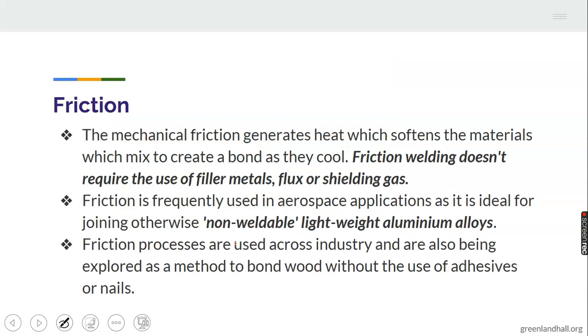Now we have the friction welding process. We remember we talked about the friction welding process. It is the process used for welding mostly wood. The mechanical friction generates heat which softens the materials, which mix to create a bond as they cool. Friction welding does not require the use of filler metals, flux, or shielding gas. Take note of that.